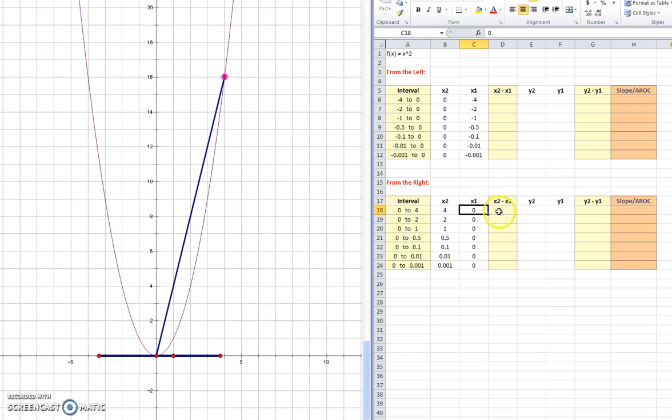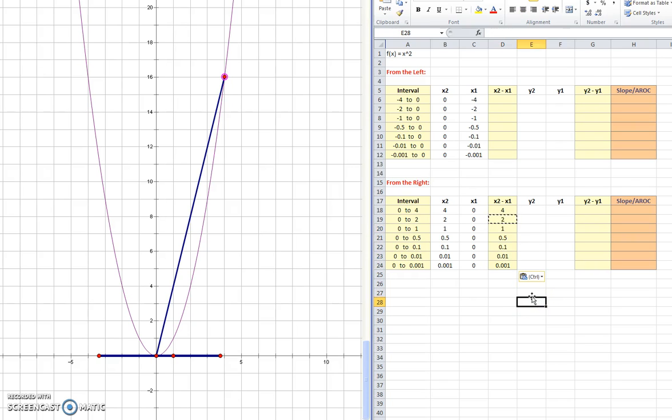Well, then I'm going to have to calculate each of those yellow columns. Equals your x2 minus your x1. Let's see that again. I'm going to take my x2 minus my x1. Basically all I'm doing is subtracting these two numbers to find my difference in x's. Through the magic of Excel, I can just copy and paste and it will calculate everything for me.